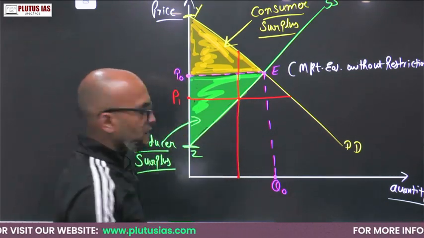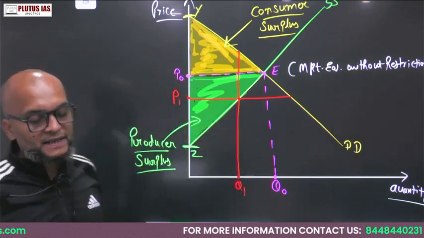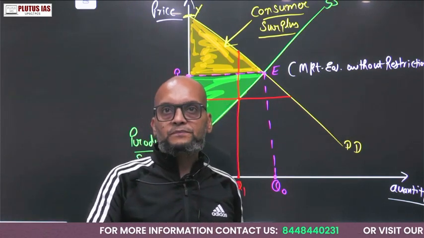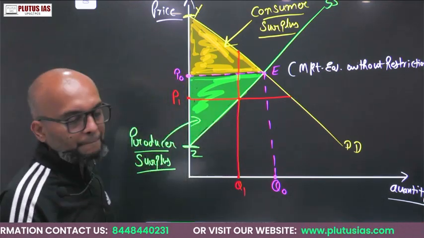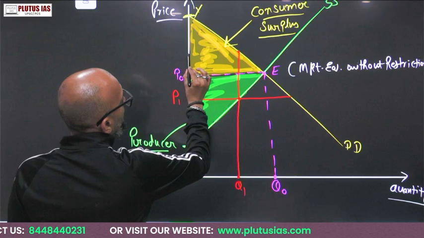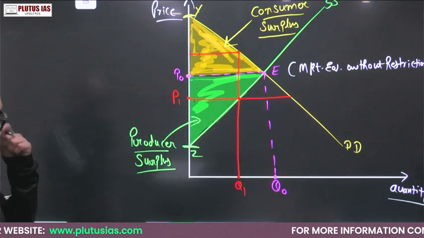Getting my point? Let's call this quantity Q1. Yes or no? Getting my point? This quantity is Q1. Okay?